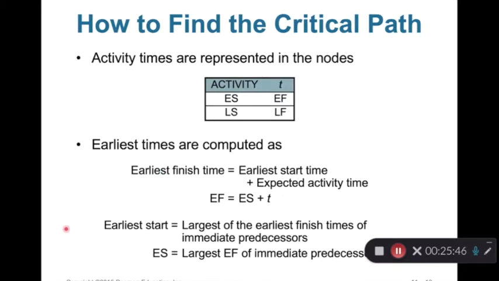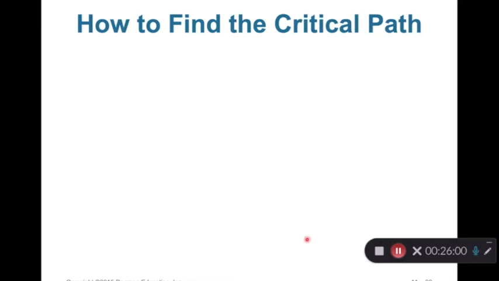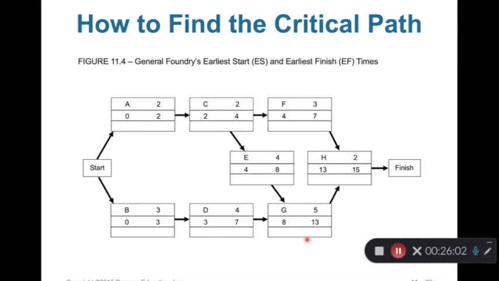We should follow this rule. Earliest start time equals the largest of the earliest finish times of immediate predecessors. This is the why. But for C and D, both have only one immediate predecessor.